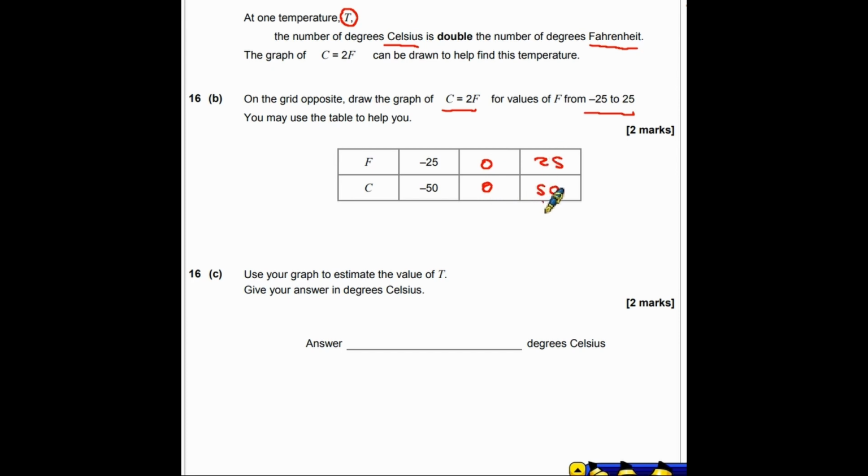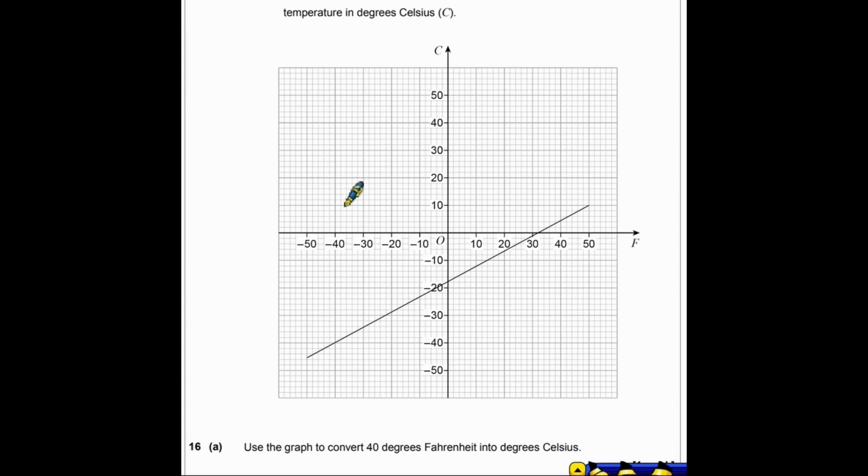So I'm going to go back to the graph and put in that line. Now we're going to use this to estimate the value of t. Now let's have a look at that once I've drawn the line into the graph. So let's plot those 3 points that we had. It was minus 25, minus 50, which, if we're really careful, is just there.